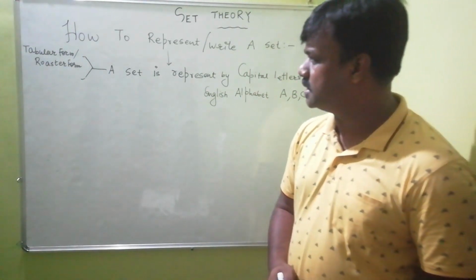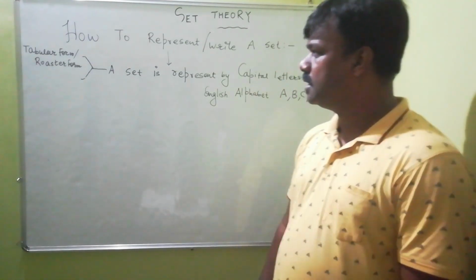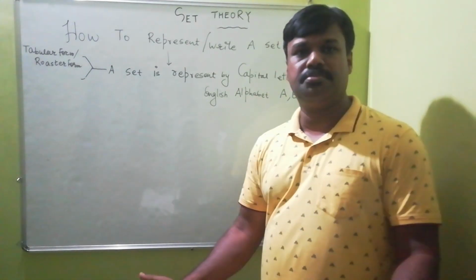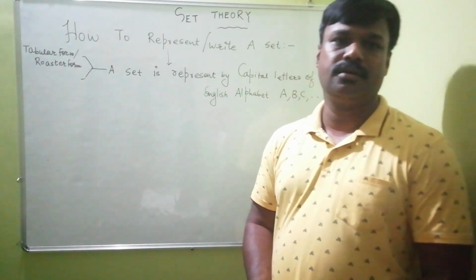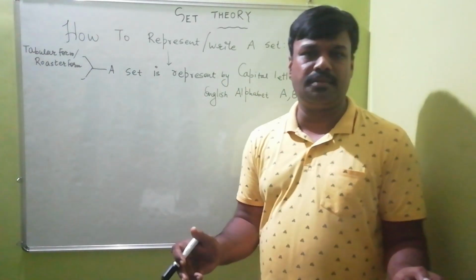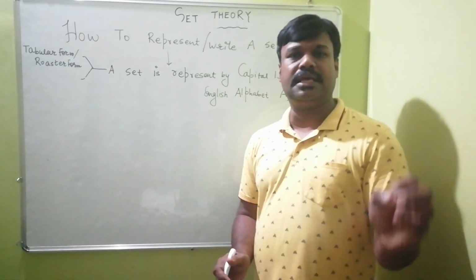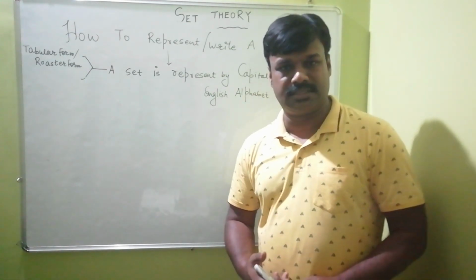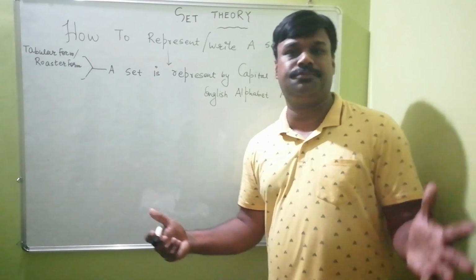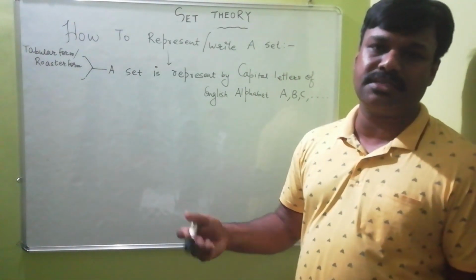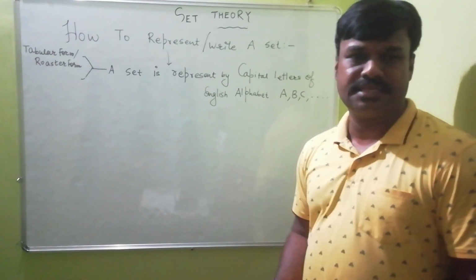What we are doing in this: the members of the set are represented inside the curly brackets and every member is separated by commas. If the number of elements is more, or if the number of elements is infinite, we just put commas and then put dashes like that.